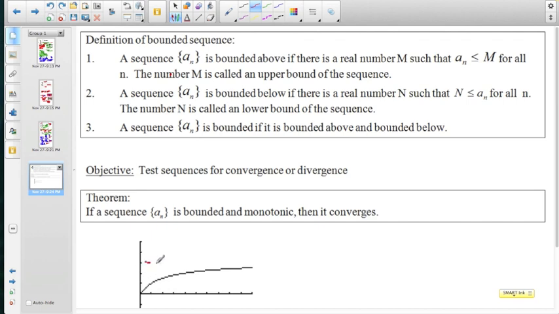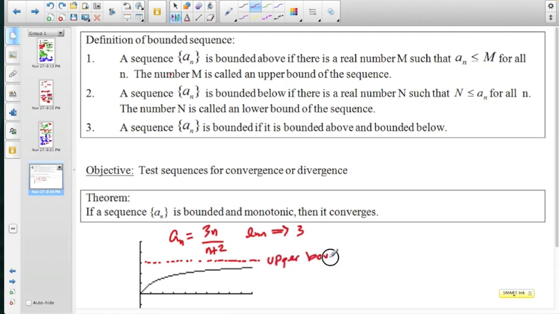So for this previous example, this was the 3n over n plus 2, which had a limit of 3, that we would call an upper bound.